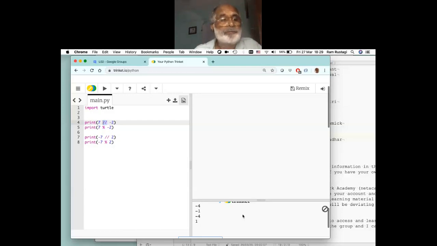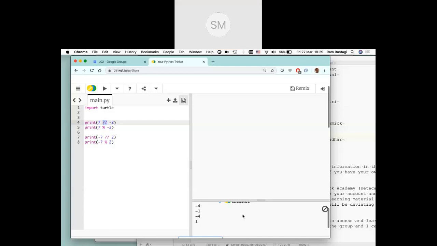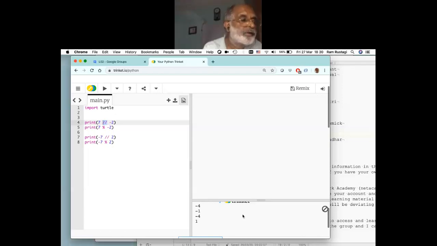Are we okay here? Now, if I were to do it differently, A is equal to -7, B is equal to 2, my quotient would still be -4 because it's -3.5, floor division is -4, but my remainder would now have the sign of the divisor, which is 1.